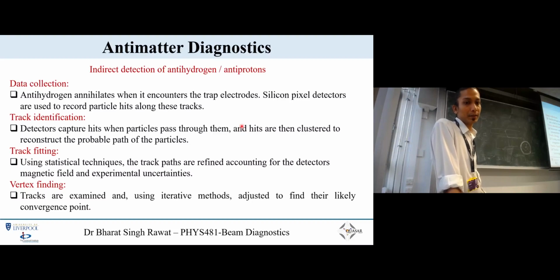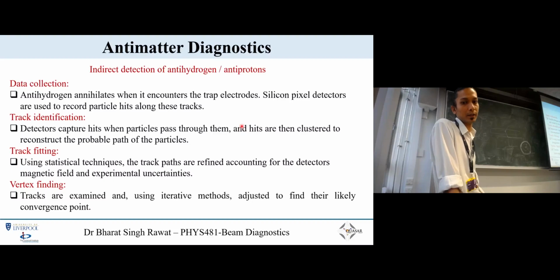Then, since there are errors because of the magnetic field, there can be some stray data which can corrupt your measurement. So you use statistical techniques to filter out outliers in your data. You reject all the paths which are not very reliable or don't appear very natural.